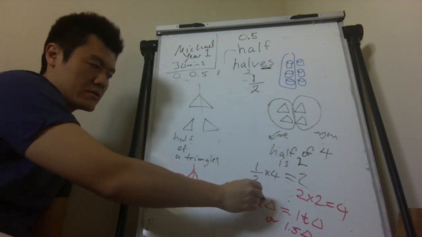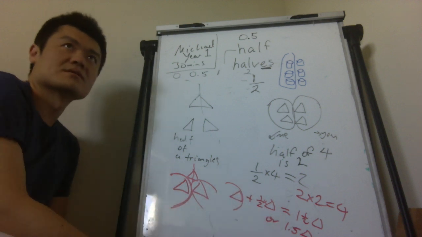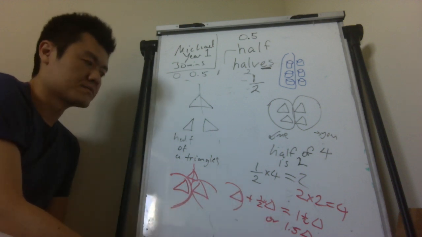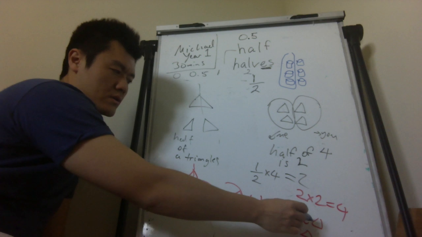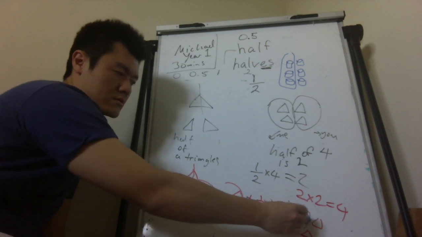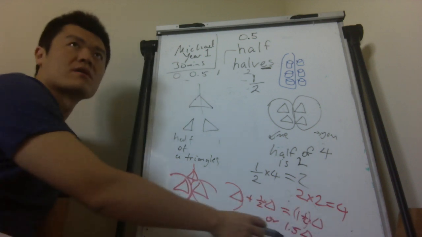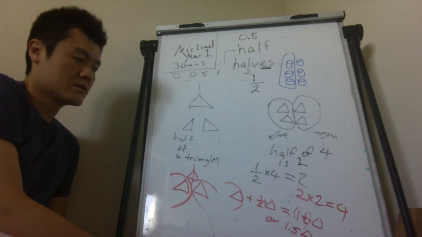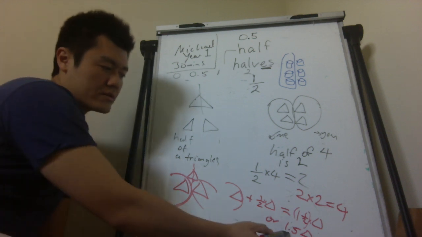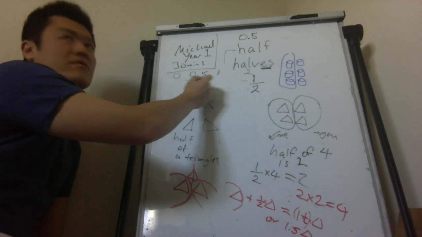So maybe I can write times. Does that make you feel better? Half times a triangle. Okay? And this is 1.5 times a triangle, and I get 1.5 triangles. So this 1.5 is, see, we have 1 and an extra 0.5.